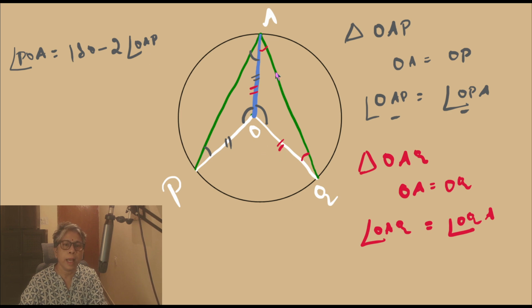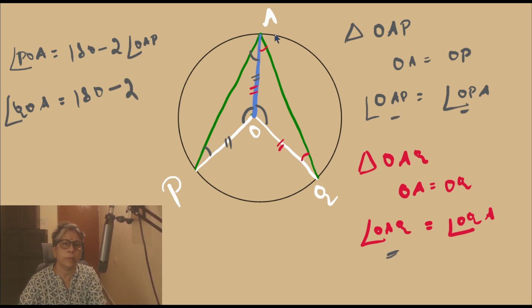And what about my angle QOA? Angle QOA is equal to 180 minus 2 times angle OAQ. Why am I writing OAP and OAQ? Because I am also interested in this angle. That is why I am writing these two angles.